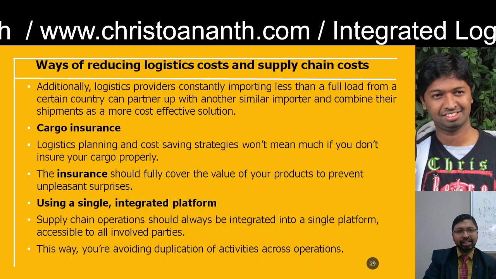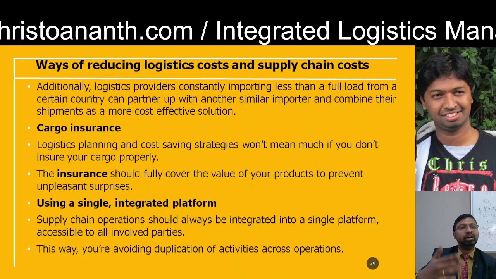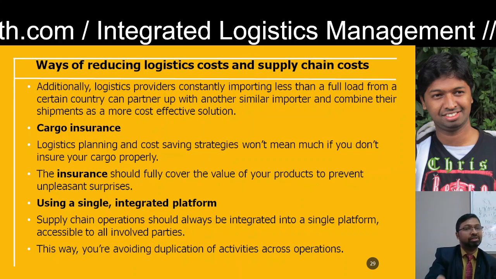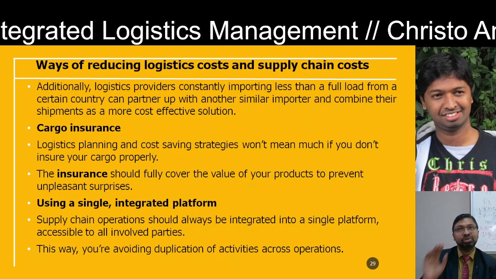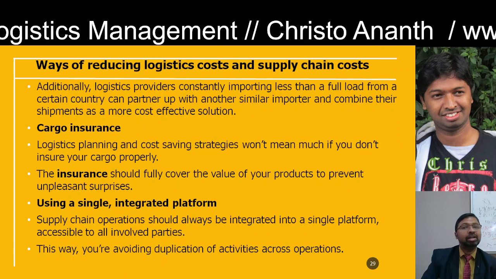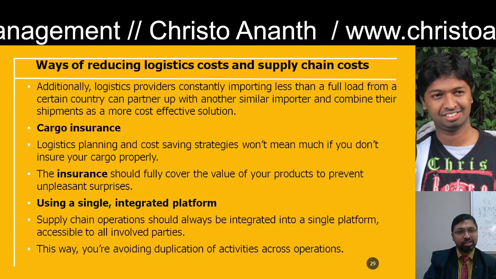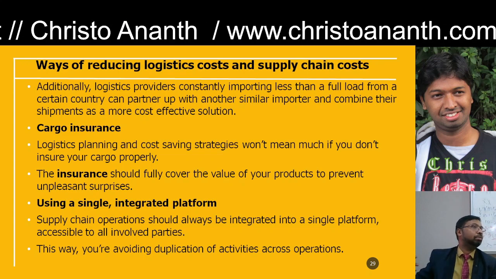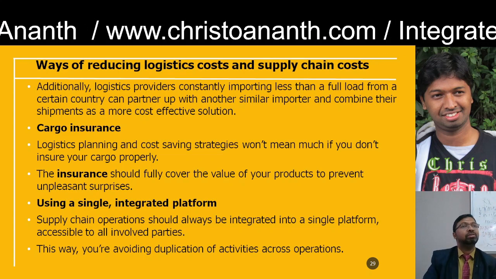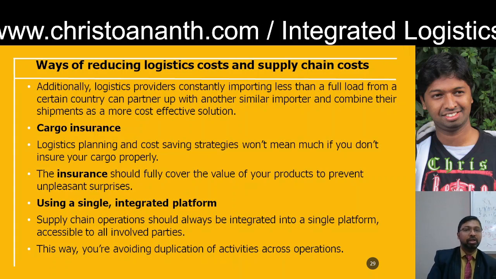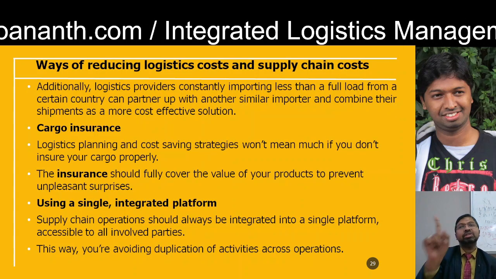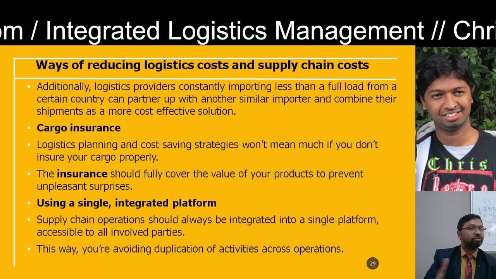And then cargo insurance. So planning and cost saving strategies, it's not only that you're going to have an insurance on your cargo. Insurance should be there, so that it will cover the value of the products. Specifically, for example, if untoward incidents happen, you can claim the insurance. Then you can use a single integrated platform, one platform for everything.